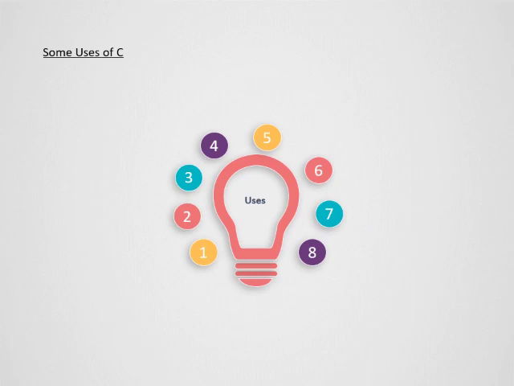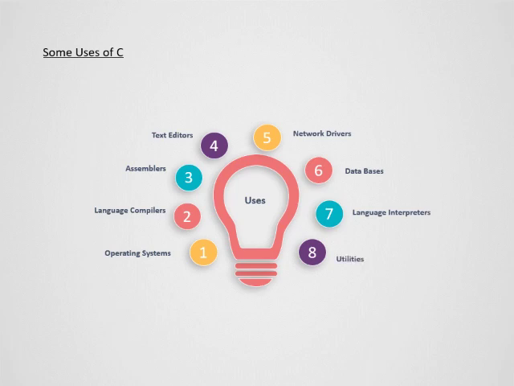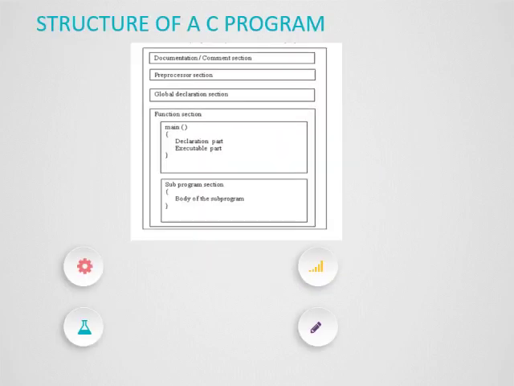Some of the uses of C are: it can be used to write operating systems, language compilers, assemblers, text editors, network drivers, databases, language interpreters, and utilities.